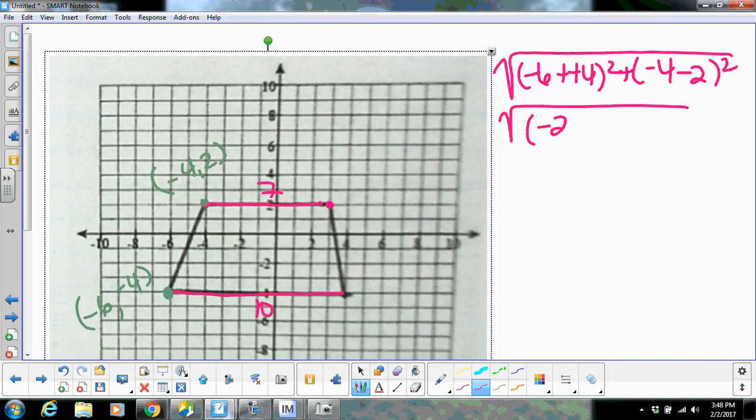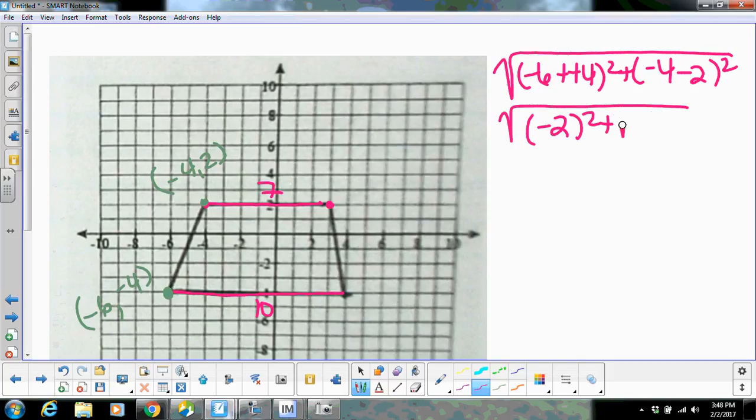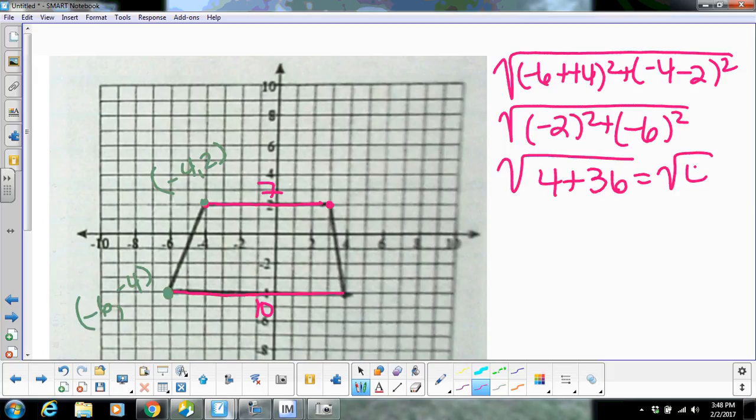So that's negative 2 squared plus negative 6 squared. Okay, or 4 plus 36, which is the square root of 40. Okay, and now I'm going to have to do the distance formula down here with this point, which is 3, 2, and this point, which is 4, negative 4.